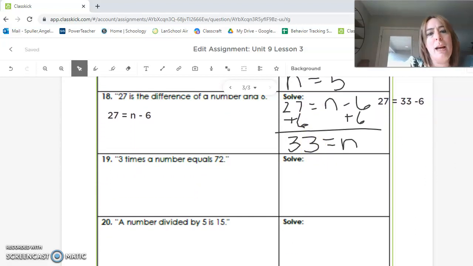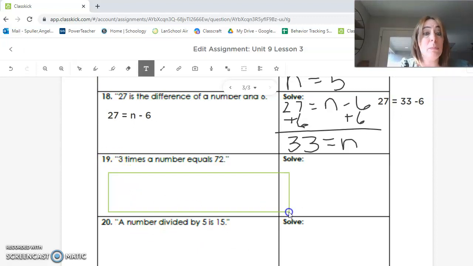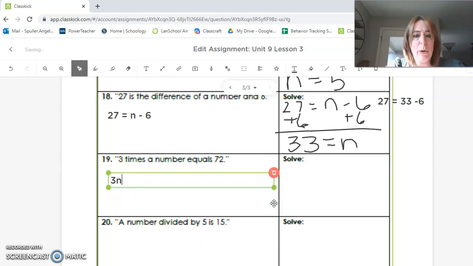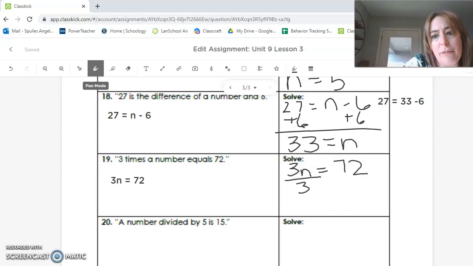Okay, 3 times a number. All right, so we know when we have multiplication times, we put it right in front of that variable, a number equals 72. All right, so to do this, I'm going to do the opposite or the inverse. So I'm going to divide both by 3. n equals 3 goes into 7 2 times.